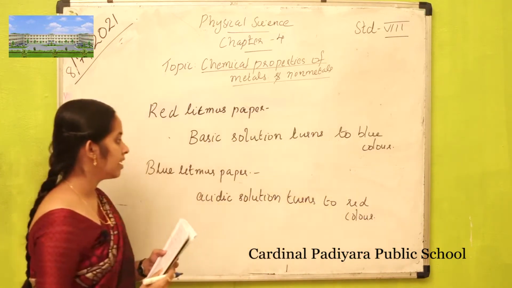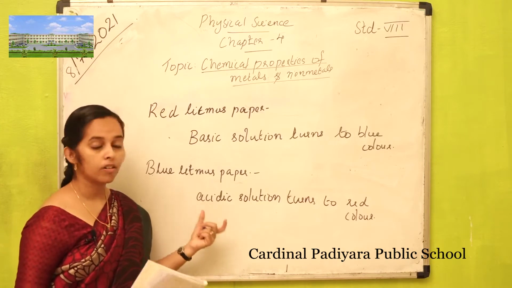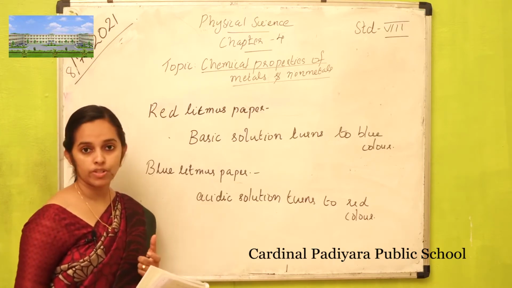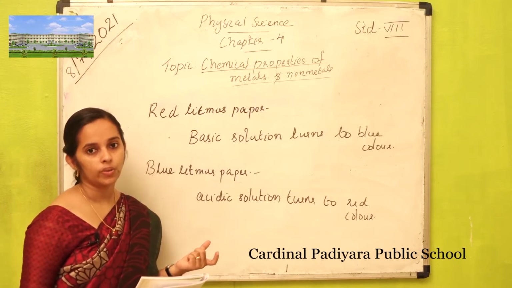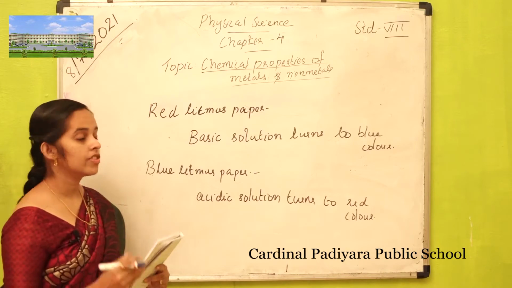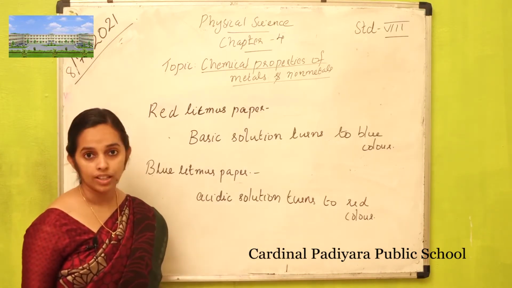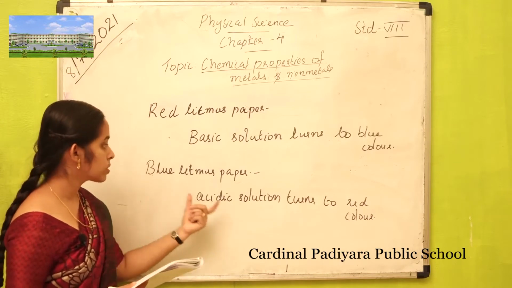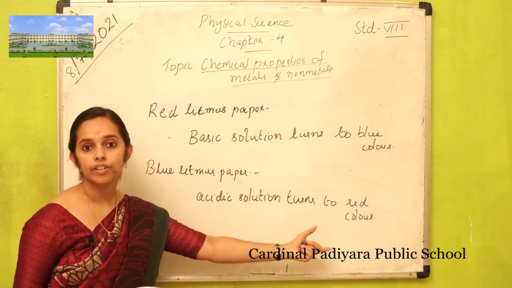Then if a blue litmus paper is immersed in a basic solution, is there any color change? No, there is no color change. So red litmus can change in a basic solution into blue color, and a blue litmus paper can be changed by an acidic solution to a red color.